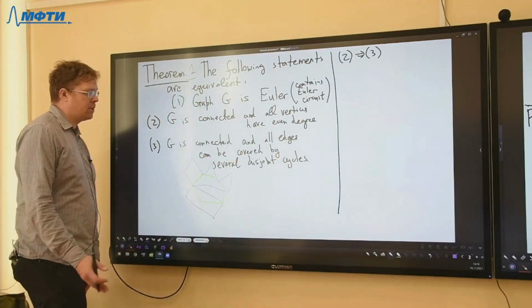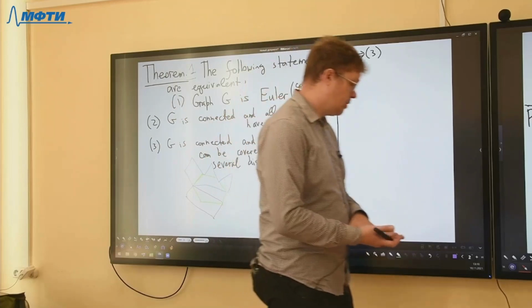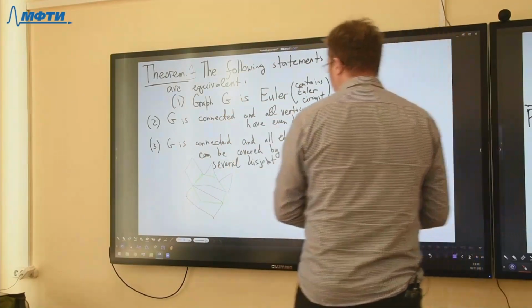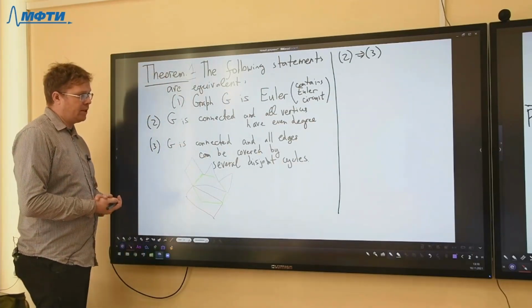So let's do the same algorithm that I provided when I talked about the octahedron. I just check that I can make a cycle.